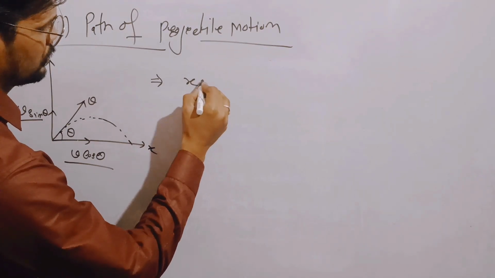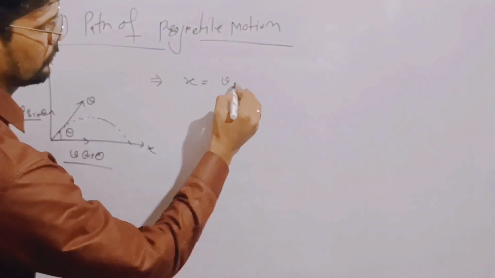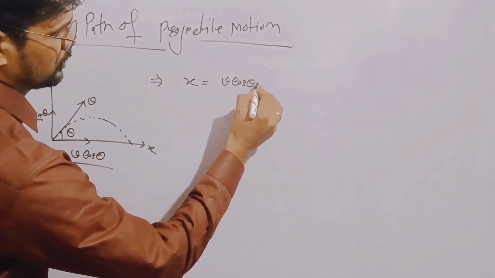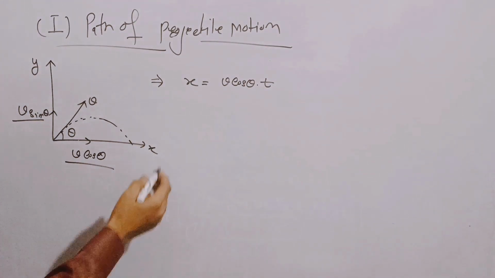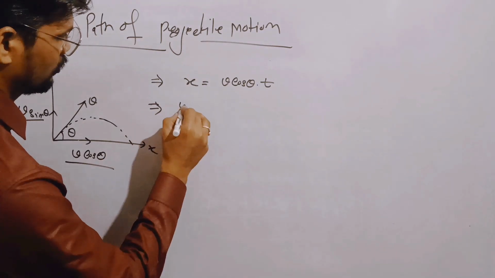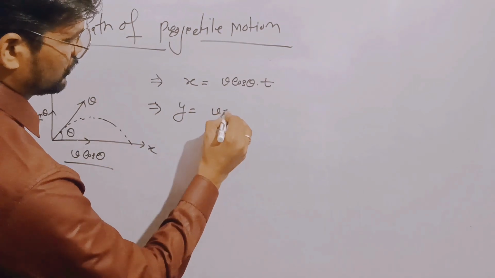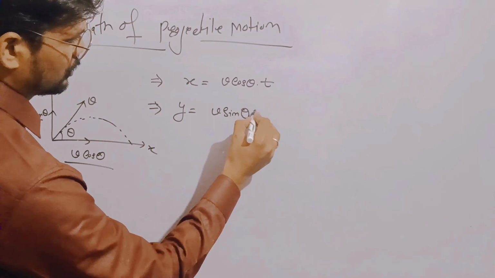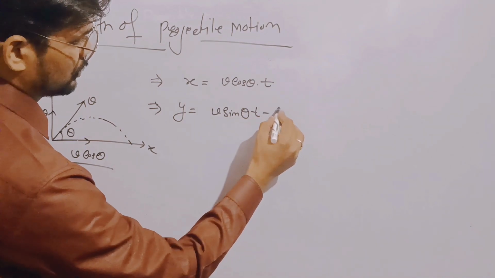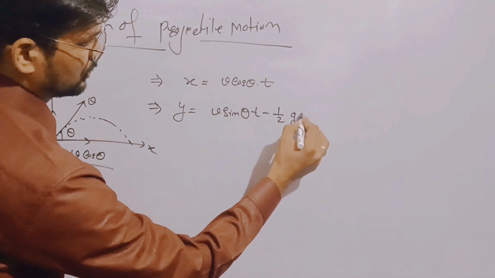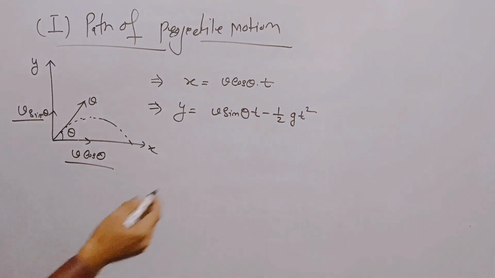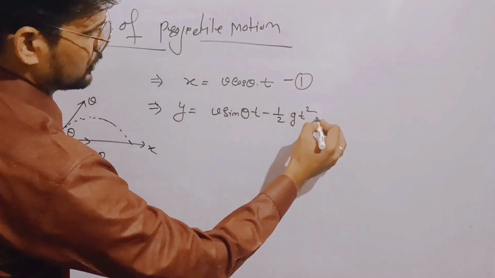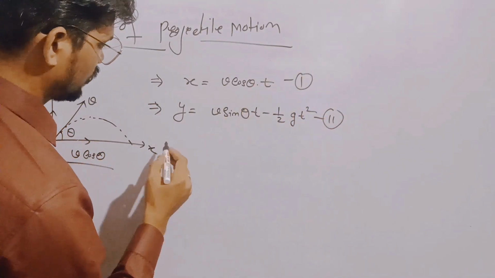So x is equal to v cos theta into t and y is equal to v sin theta t minus 1 by 2 g t square. So equation number 1 and equation number 2.